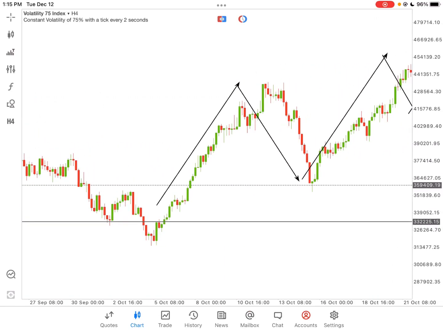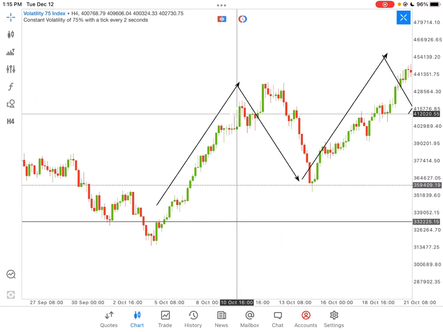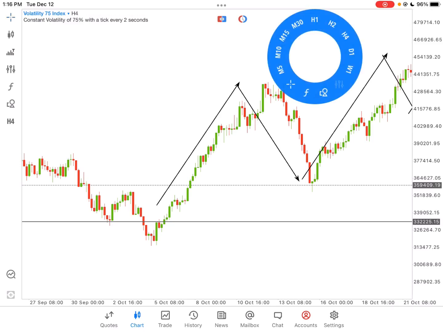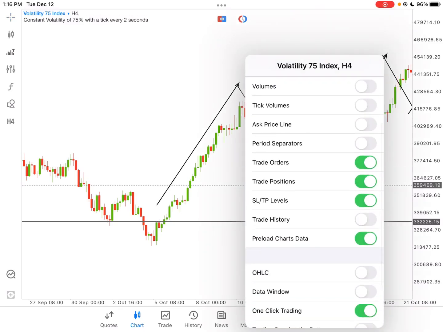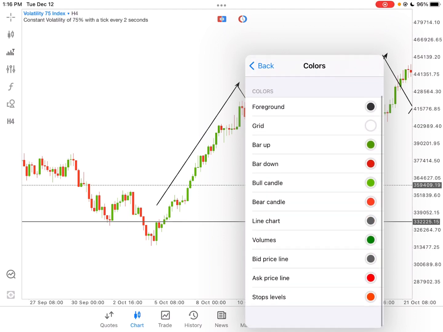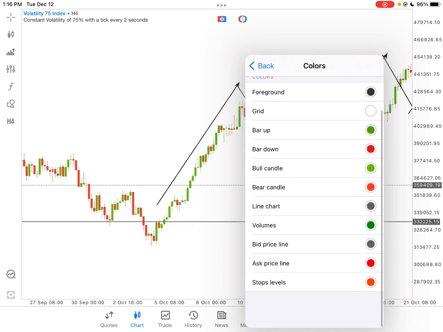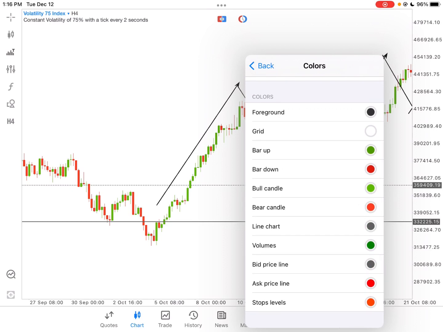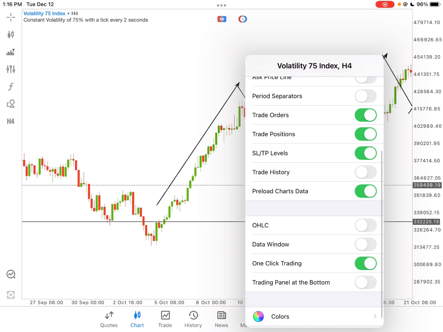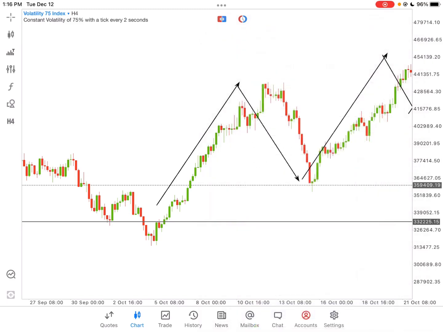So as you can see right here, we are buying. So let me make this crosshair a little bit thicker. It's a bit dark. I don't think I can change it.